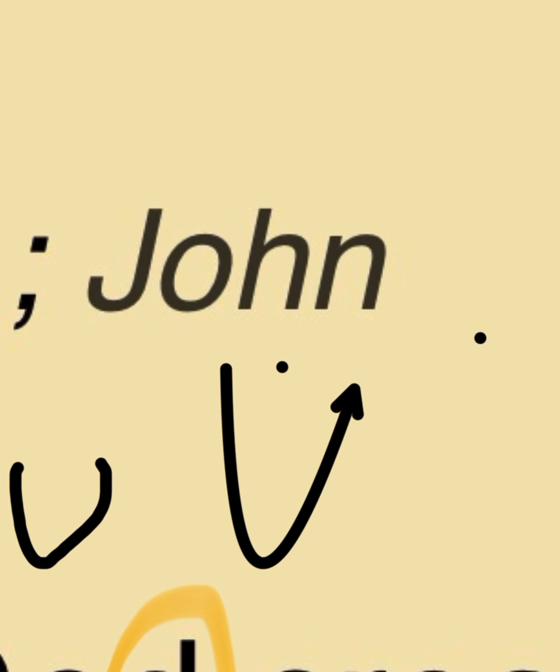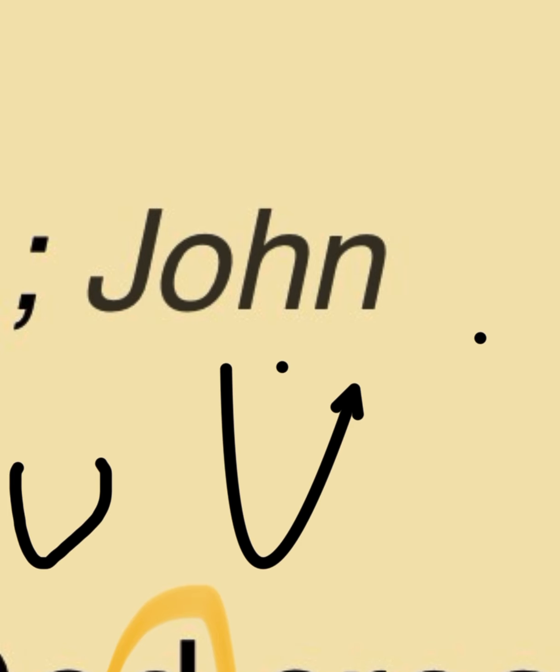And U has no phonetical object. Well, let me put it this way. U was not an original letter that was based off an object out in nature or something physical.